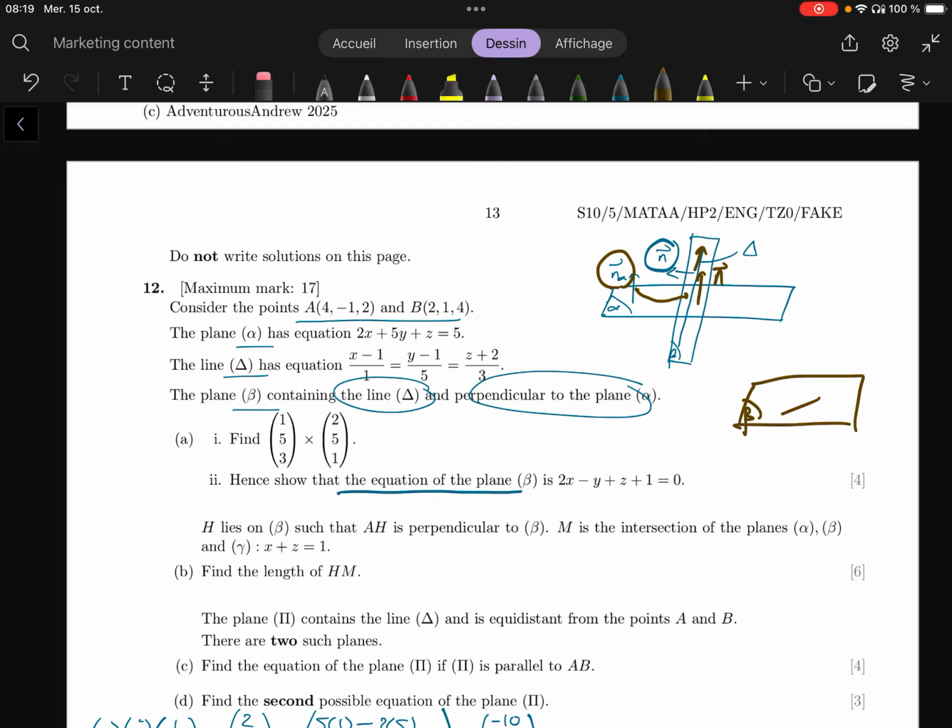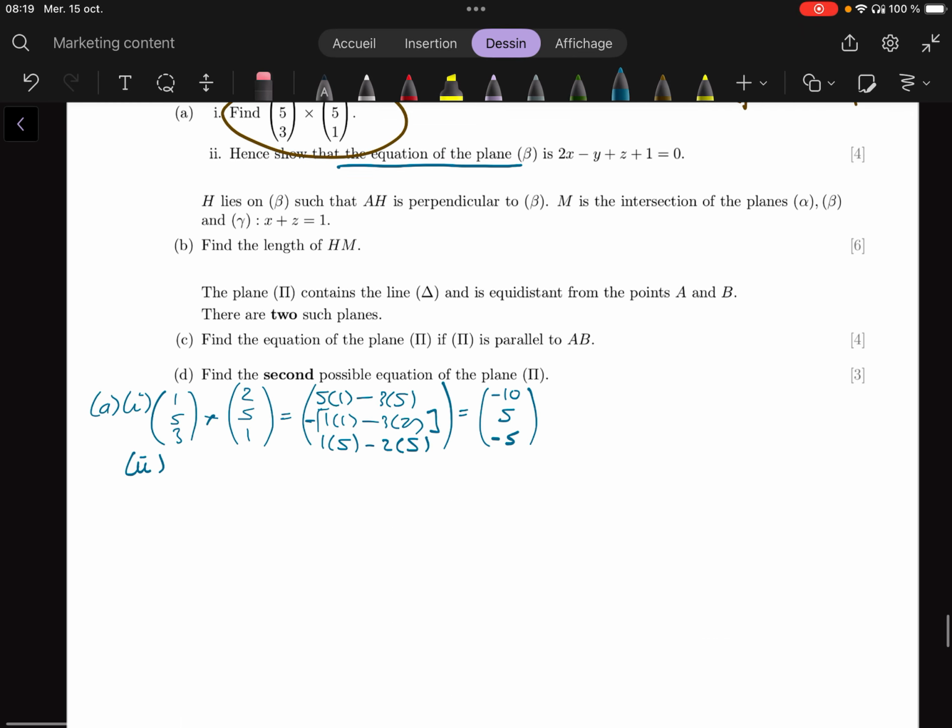So essentially, you have two vectors we can use: normal of alpha, direction of delta. Cross them, and you will get the normal of beta. But we can pick a nicer normal that is easier for us to work with. So we can select the normal of beta to be 2, negative 1, and 1.